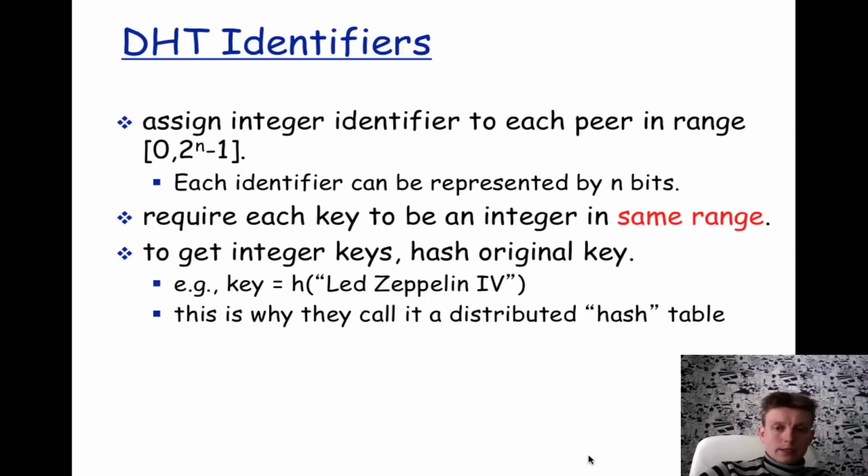We require that the key should be chosen from the same range of integers, between 0 and 2 to the power of n minus 1. The way to implement it is to apply a hash function that takes any value as an input and maps it into an integer in a given range. That is why this way to implement a peer-to-peer database is called a distributed hash table.